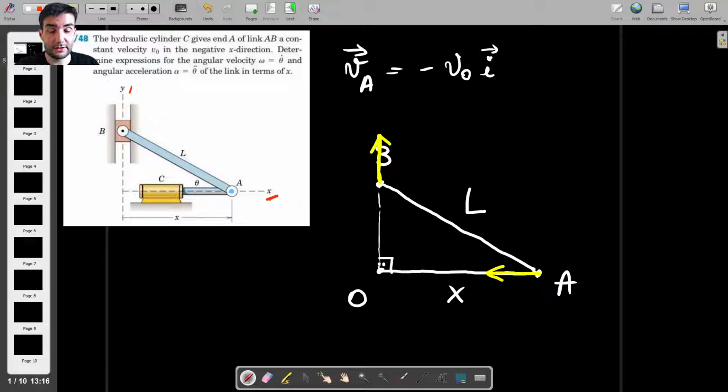Okay, so we can find the location of the center of rotation by just drawing perpendiculars to the two velocities.